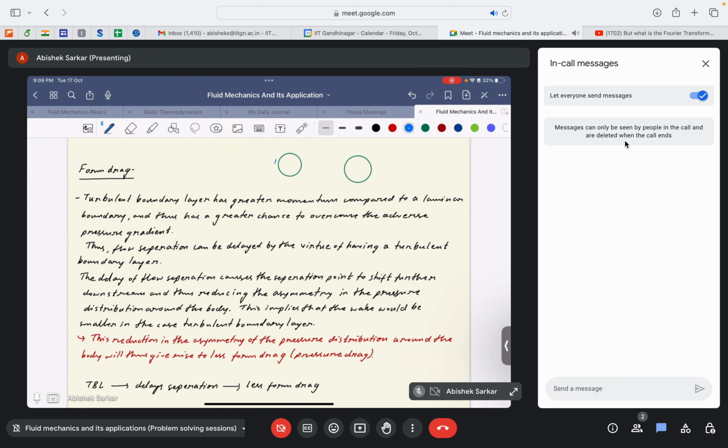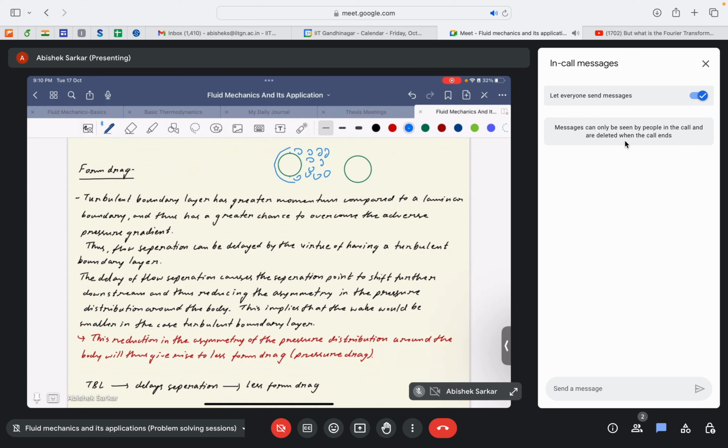In the case of a smooth golf ball, the flow tends to separate at this point, and there the vortices and vortex shedding take place. This vortex shedding is also known as the von Karman vortex shedding. In the case of cylinders, it's a specific name. So these are the vortex shedding.